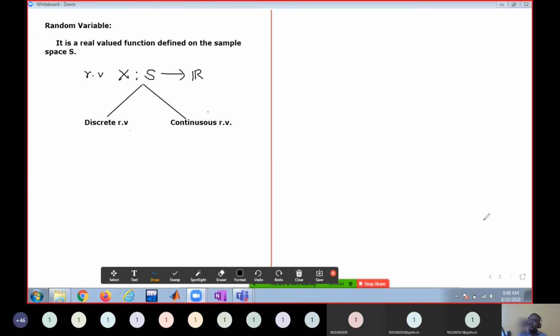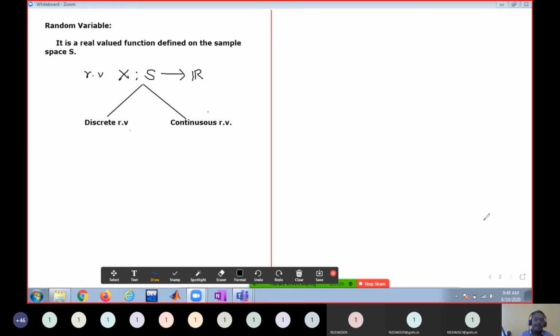It can take any value over the continuous real line. Such a random variable is said to be a continuous random variable. So if the values are discrete, it is a discrete random variable. If the random variable can take any value over a range, that is a continuous random variable.